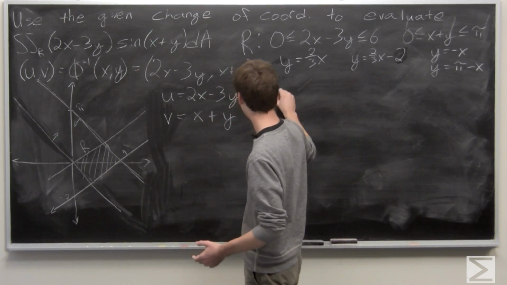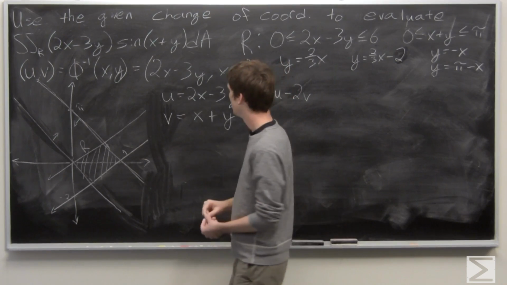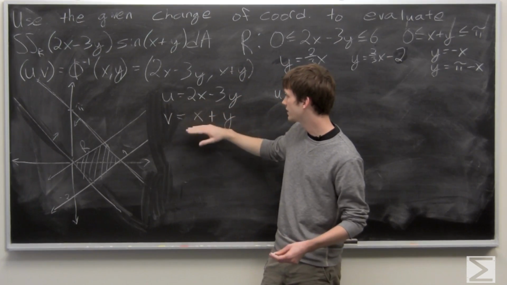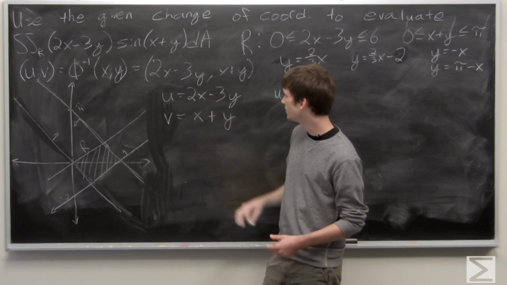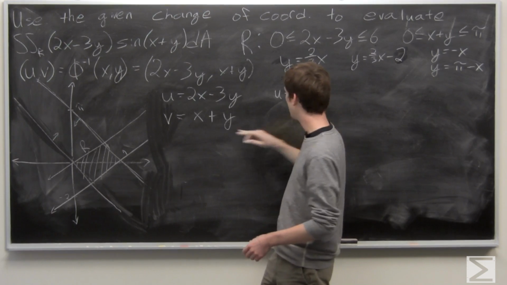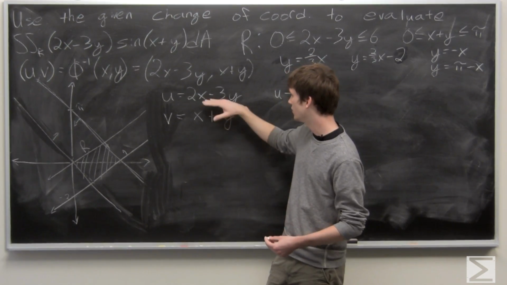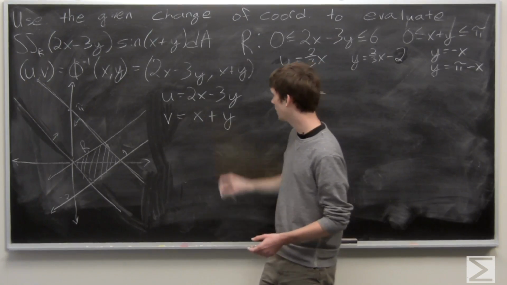If we take u minus 2v, then our x's will be 2x minus 2x, so our x's cancel, and our right-hand side turns to negative 3y minus 2y, negative 5y.